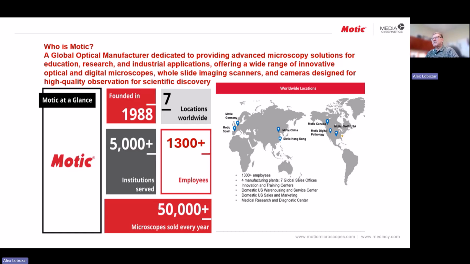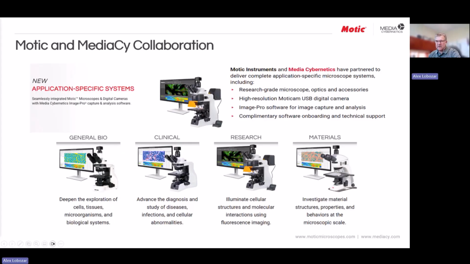We are probably number 5 in the world in manufacturing size, with over 1,300 employees, and 5,000 institutions using our instruments. We sell approximately 50,000 microscopes a year. We have offices in Germany, Spain, China, Hong Kong, and I'm presenting out of our Canada office. We have our Motic Swift line, our warehouse in San Antonio, and our digital pathology office in San Francisco.